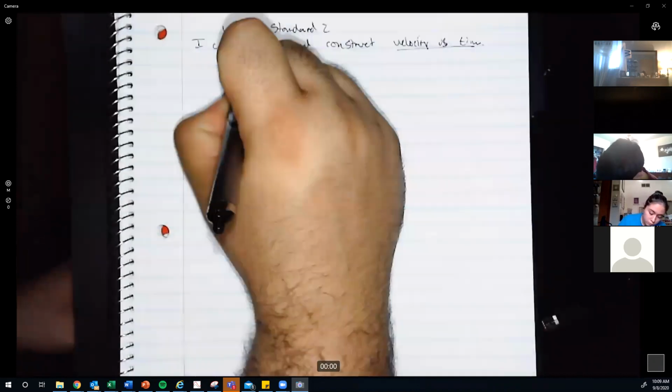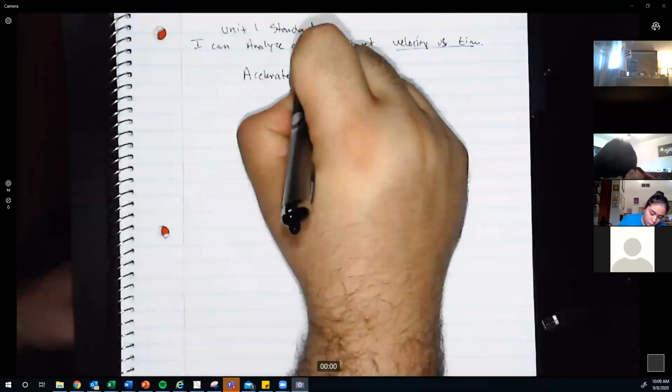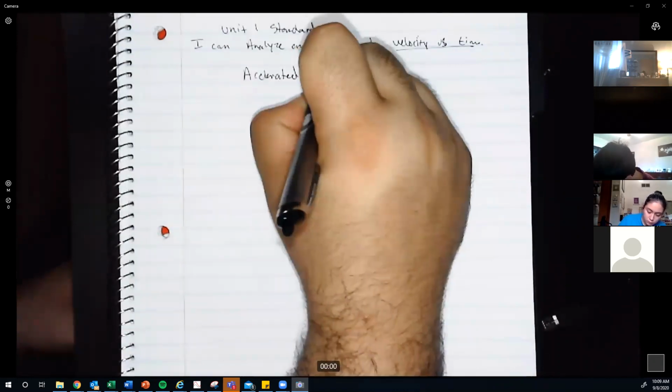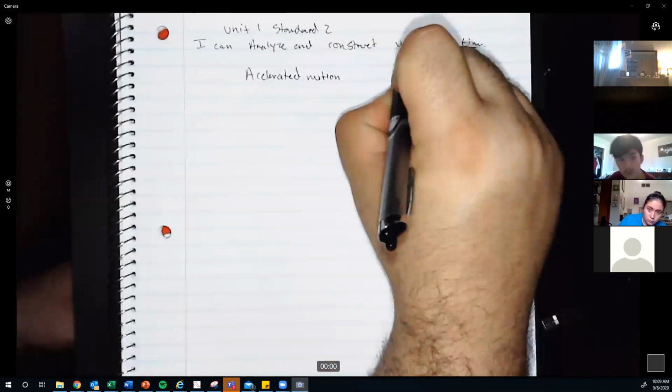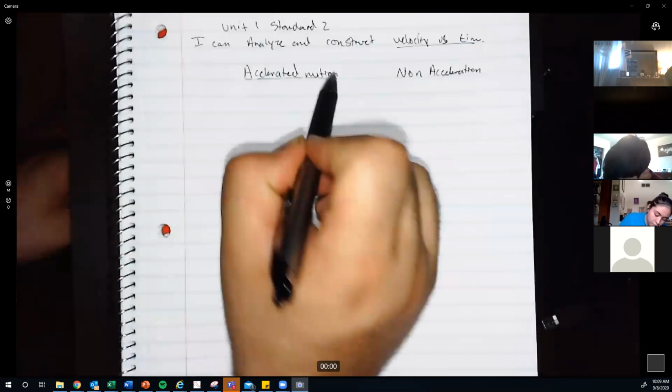So what we've worked with so far is accelerated motion and non-accelerated motion. So let's go through what those mean. What is accelerated motion? What can you do if you're accelerating, pretty much? If you're accelerating, there are 3 things that can occur.